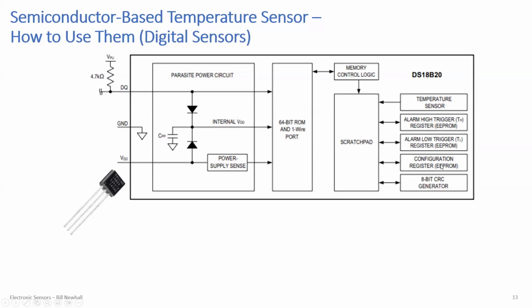There are different configurations that you can set. And then a data check here, an 8-bit CRC generator, checks the integrity of the data that's going back and forth, to make sure there are no errors in what you set or what you read. And so it's more complicated. So probably one of the reasons we're not using it in lab is it would take a little more time to get this working.